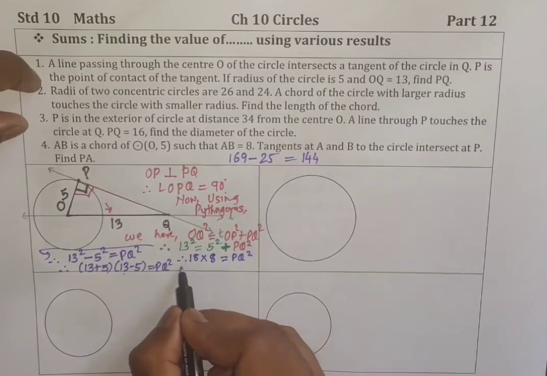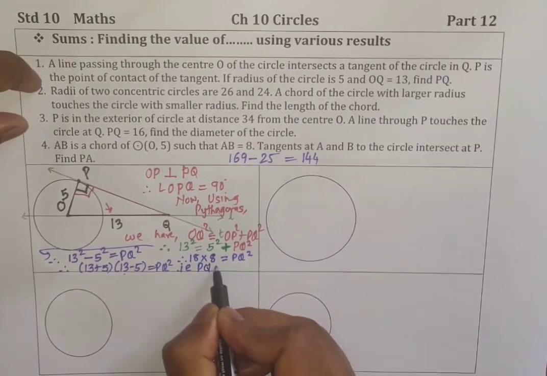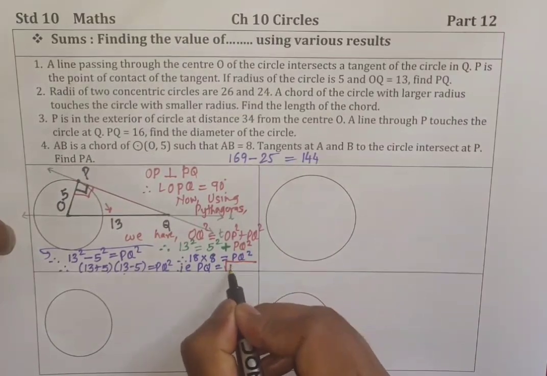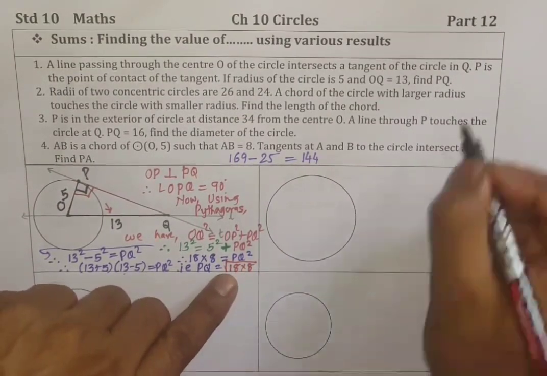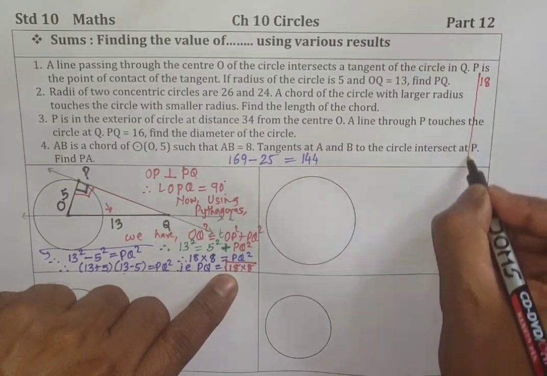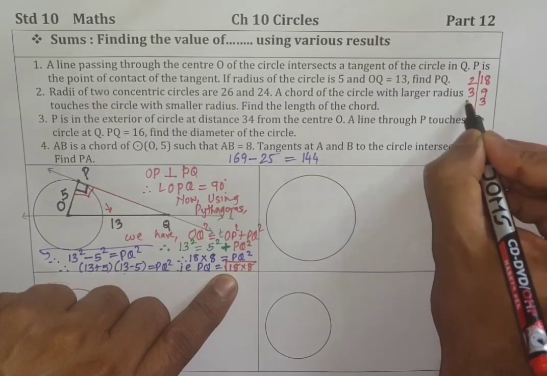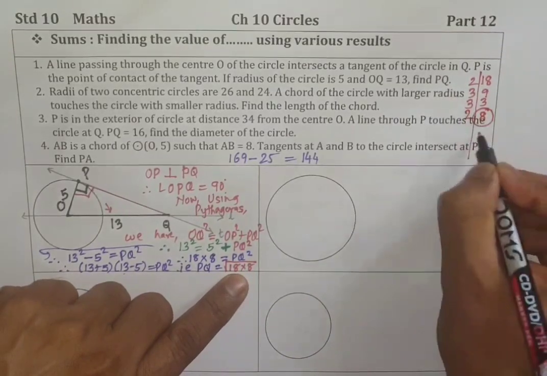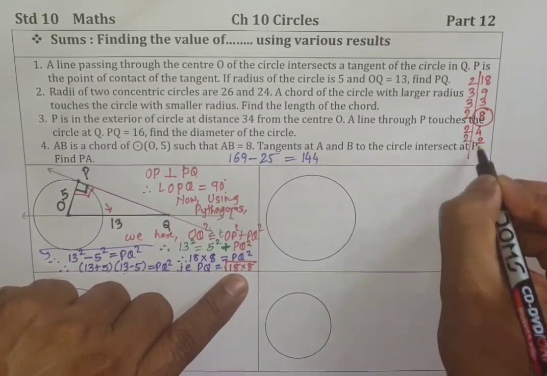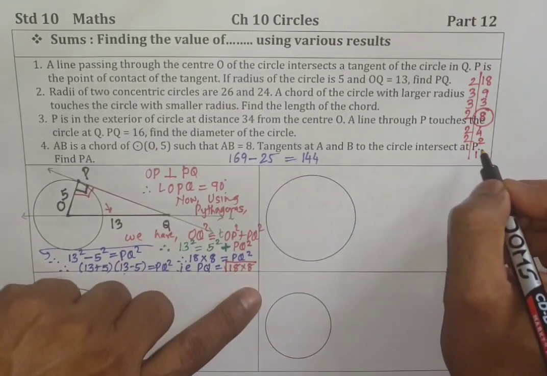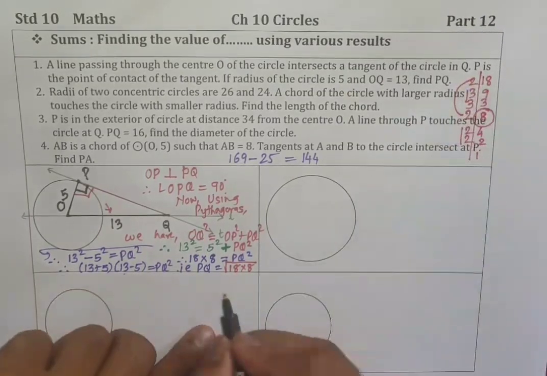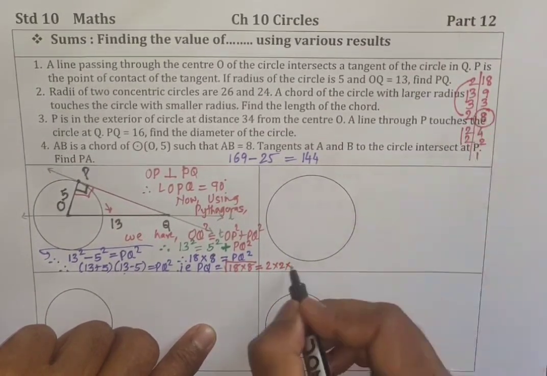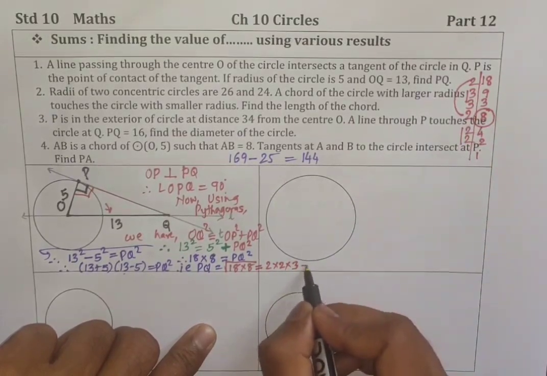See what I do. PQ is equal to square root of 18 into 8. Now to find the square root, see what I do. Take the prime factors of 18: 2 nines are 18, 3 threes are 9, 3 ones are 3. I am not writing 1, instead of 1, 8. Continue, multiply. Read the factors of 8: 2 fours are 8, 2 twos are 4, 2 ones are 2. Ends at the number. So the last is a pair of 2, a pair of 3 and a pair of 2. So that is equal to, I write here, 1 pair of 2, another pair of 2 and another pair of 3. Correct? So 2 twos are 4, 4 threes are 12.